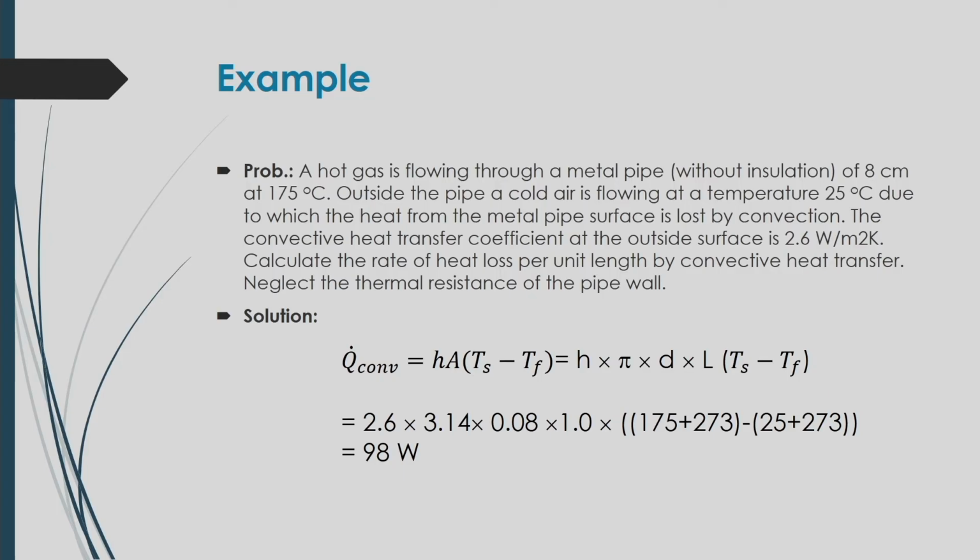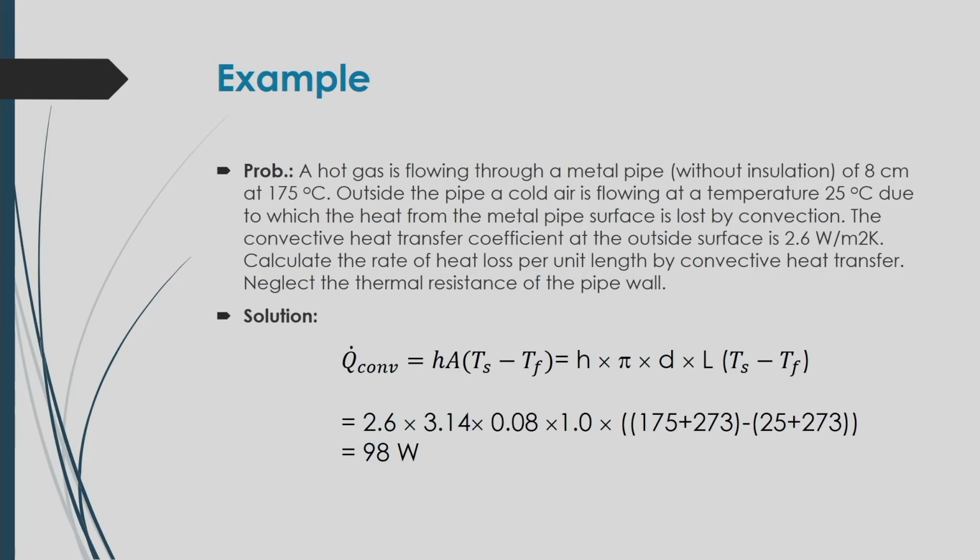Now, outside the pipe a cold air is flowing at a temperature of 25 degrees Celsius, due to which the heat from the metal pipe surface is lost by convection. The convective heat transfer coefficient at the outside surface of the pipe is 2.5 watt per meter square K, it is given to you.